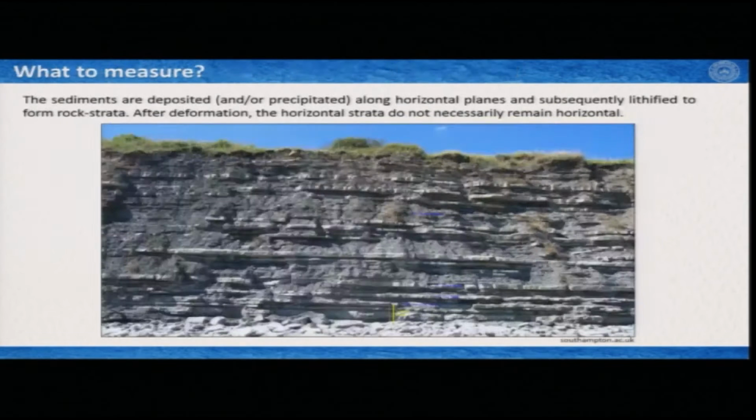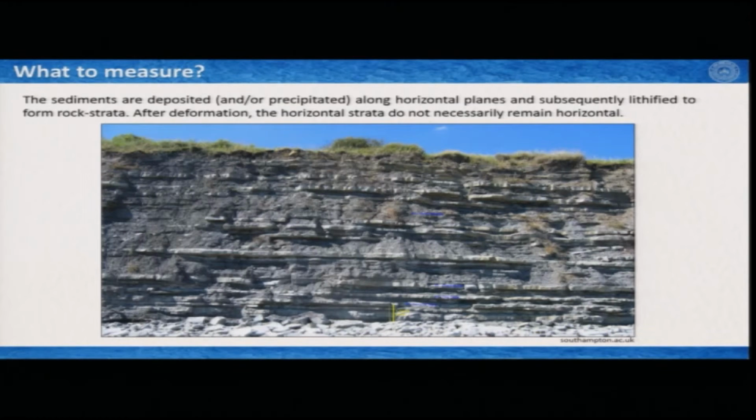So, with this we move to the next part of this lecture, that what to measure in the field. Now, we know that when the sedimentary layers get deposited, they generally deposit in a horizontal manner. So, all layers initially are horizontal, they get lithified, they also stay horizontal.